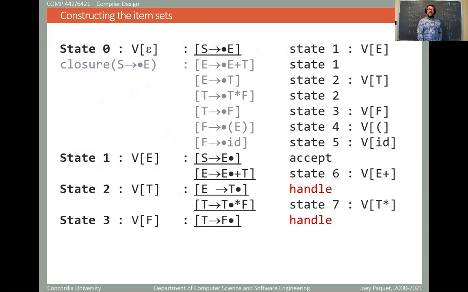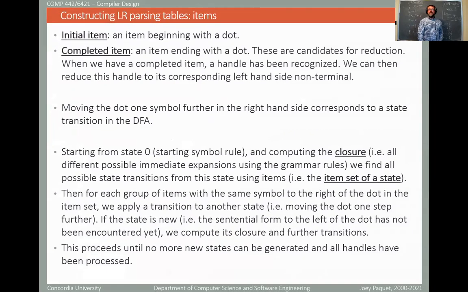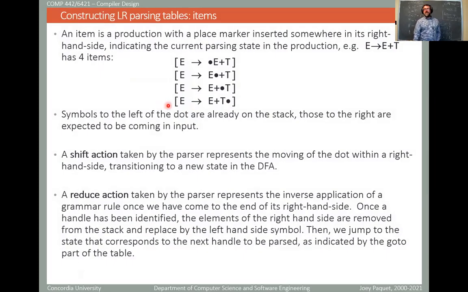This happens as you go forward in a certain right-hand side by going to another item whose dot is one symbol forward in this right-hand side. The shift action is in fact moving the dot further to the right on the right-hand side.